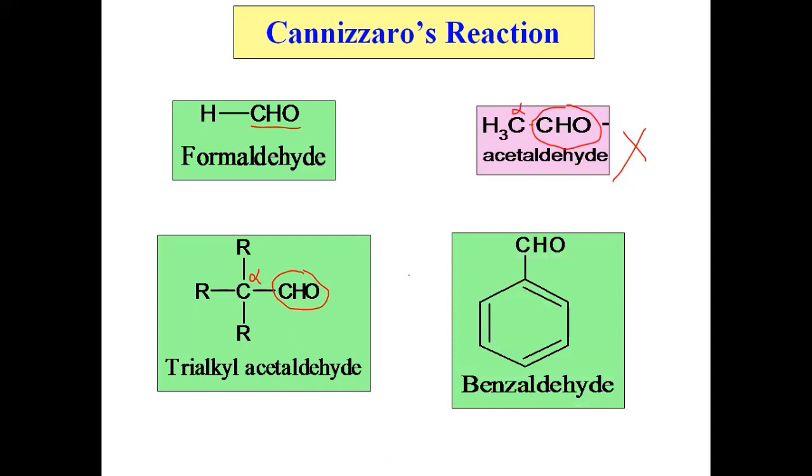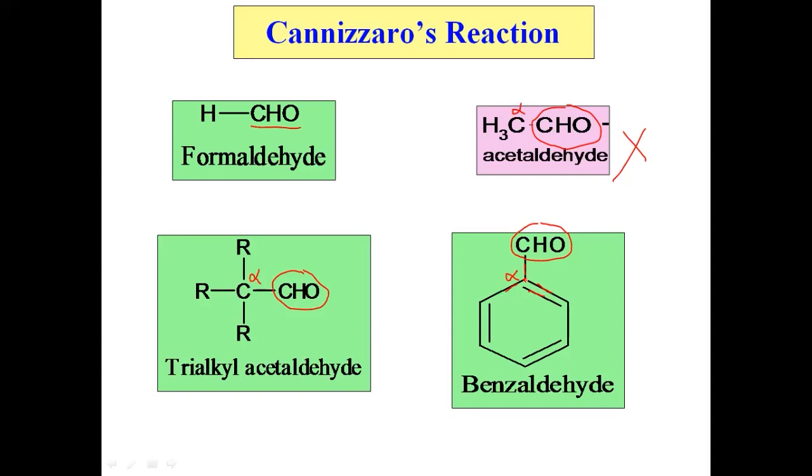Consider one more example, benzaldehyde. In benzaldehyde, the CHO group is our functional group. This is the first carbon from the functional group, but this carbon also does not have any hydrogen, and thus benzaldehyde also has no alpha hydrogen atom. Therefore, this molecule also shows the Cannizzaro reaction.